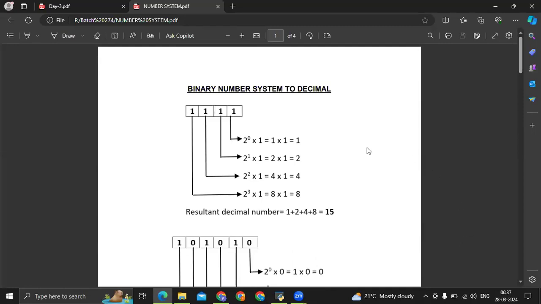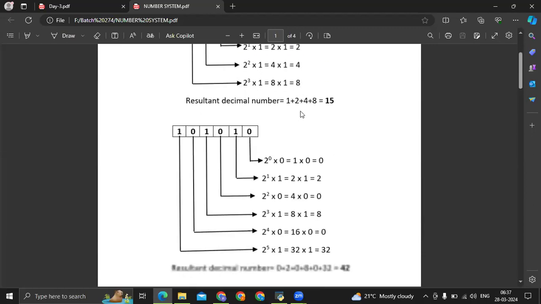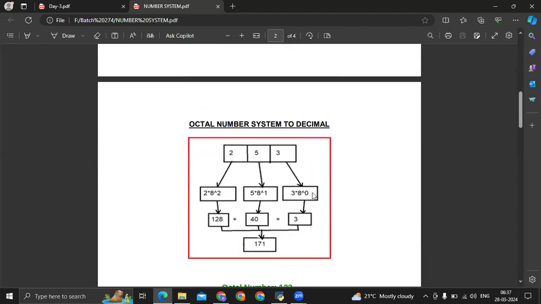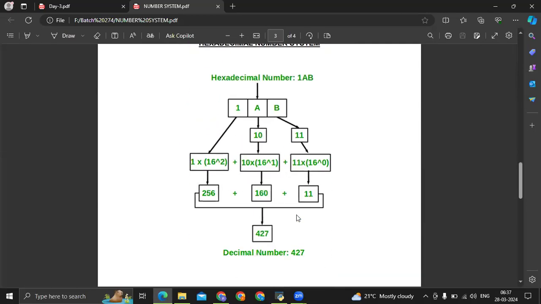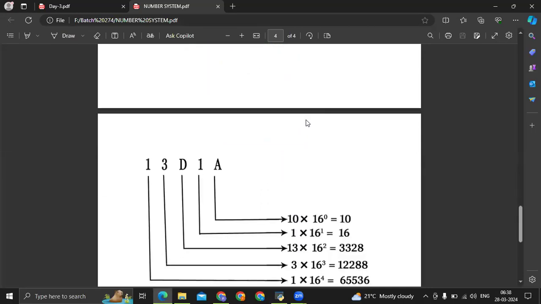This is binary number system data to decimal, then octal number system data to decimal, then hexadecimal number system to decimal number system format. I'll paste this for you for better understanding.